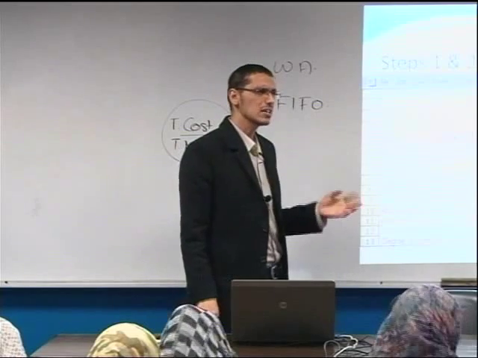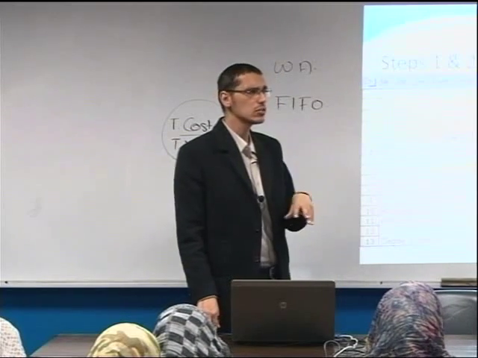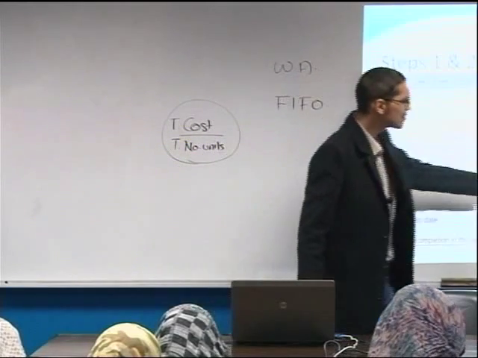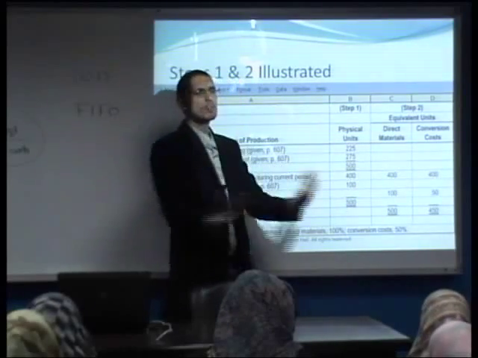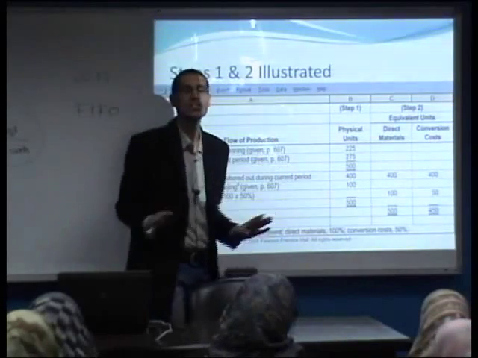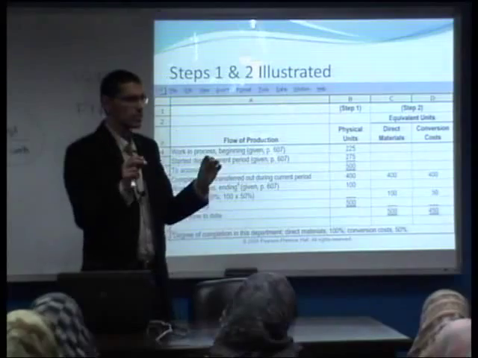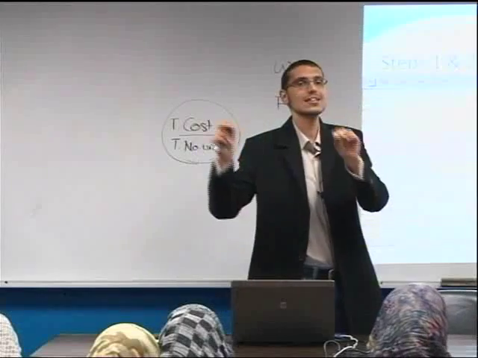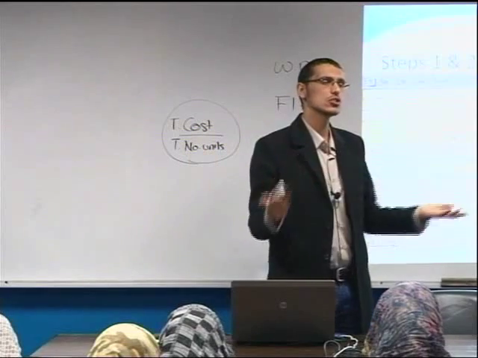Step number 2, as we said, we need to calculate the equivalent units for the physical units. Of course, the 400 are completed 100%. Therefore, what is the equivalent units for the 400 units? Are 400 units, always. The 100% completed units have the same number of units as equivalent units. Because what is the definition of equivalent units?